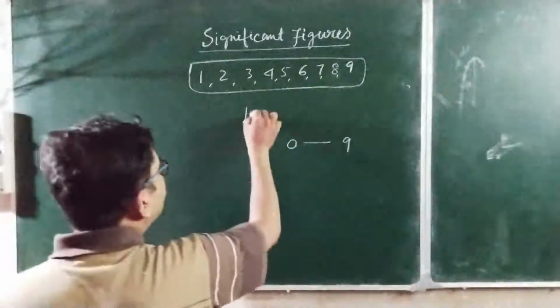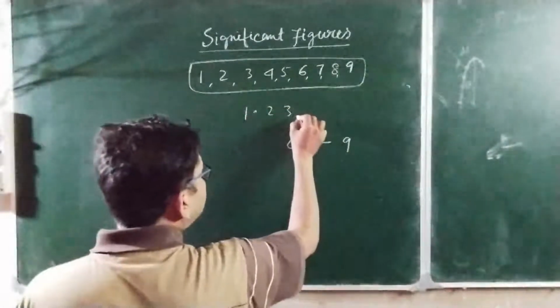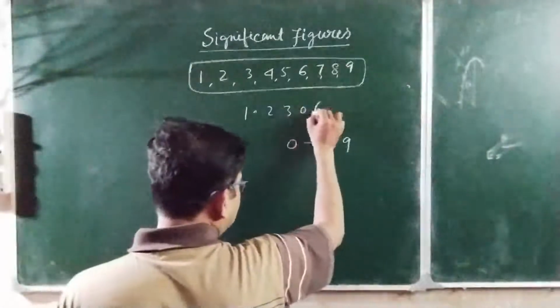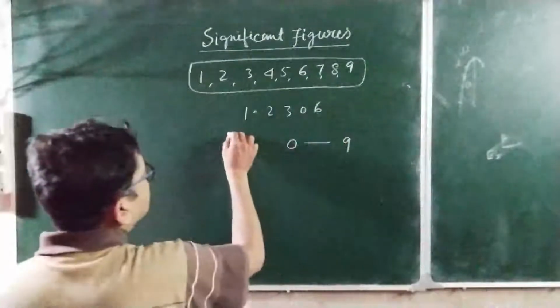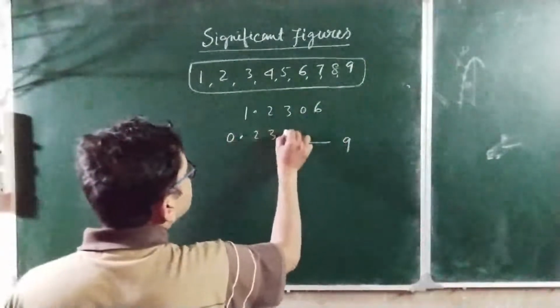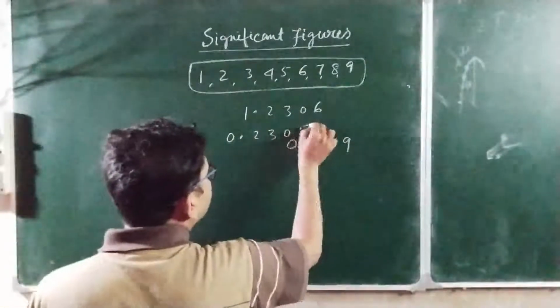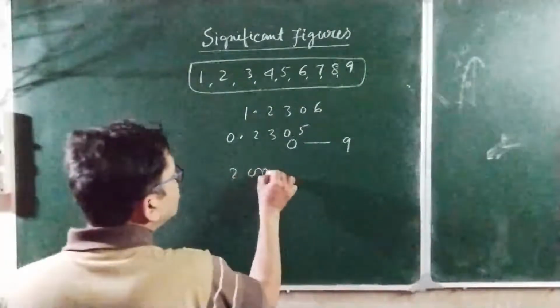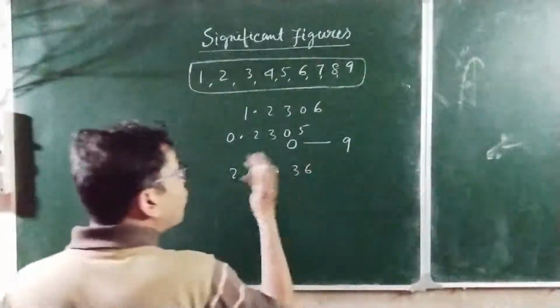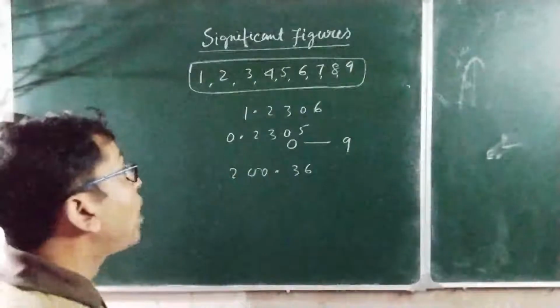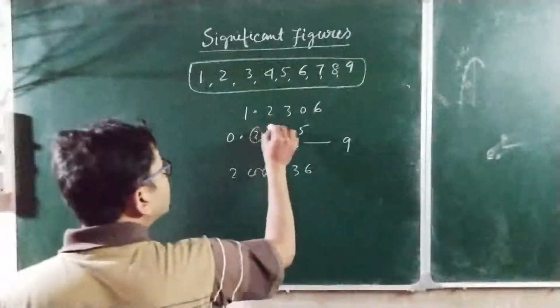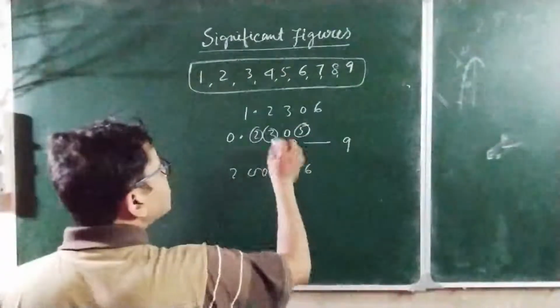Like this one, 1.2306 or 0.2305 or 200.36. When you count, you have to count all these figures as significant.